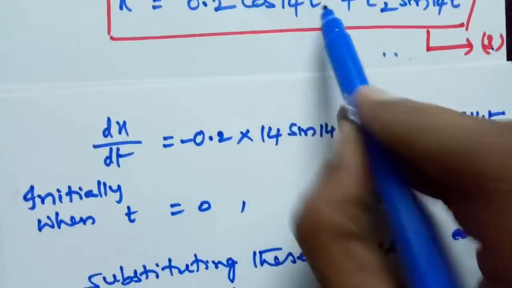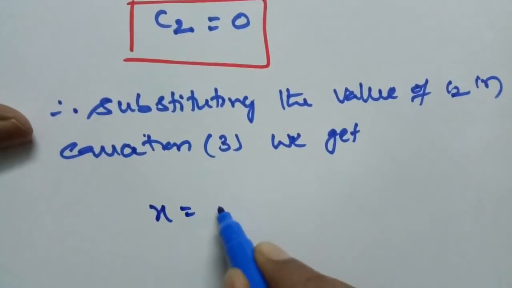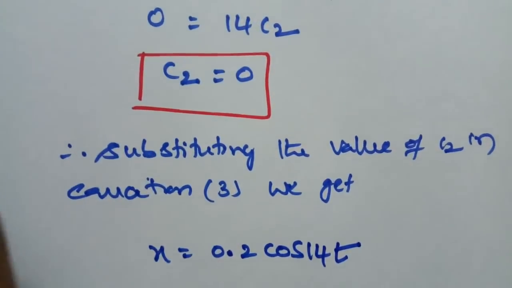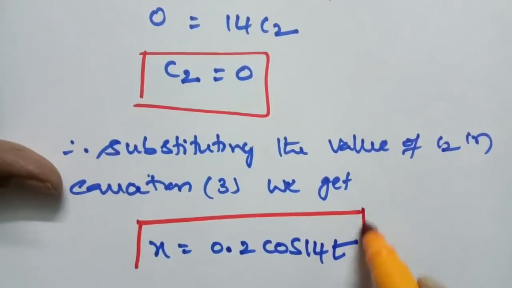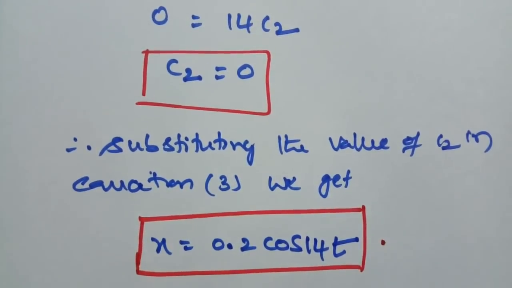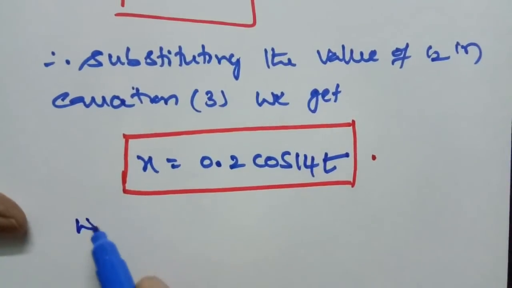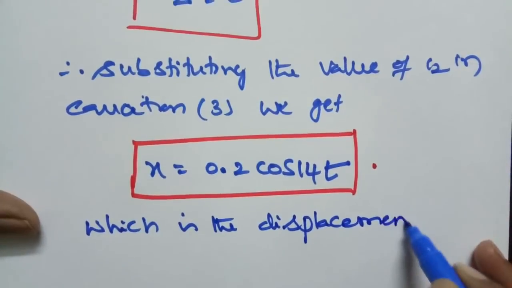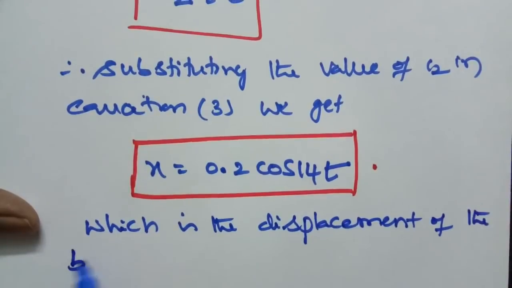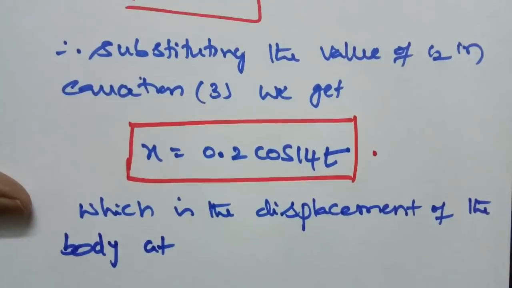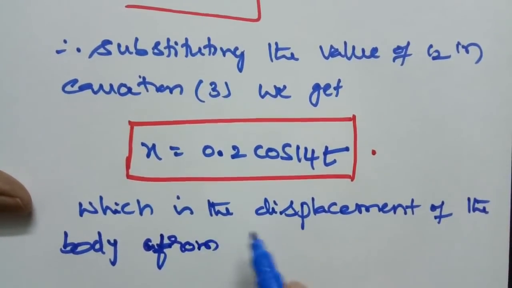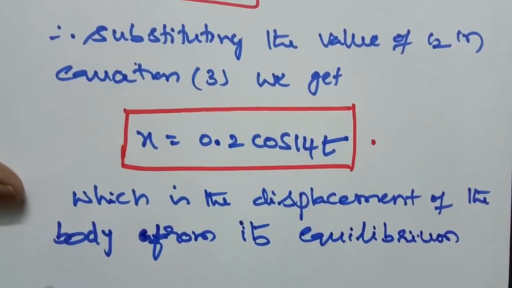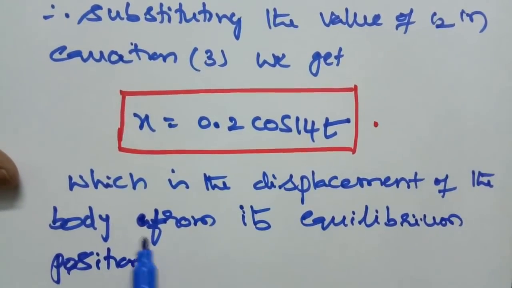Therefore x is equal to 0.2 into cos 14t, which is the displacement of the body from its equilibrium position at any time t.